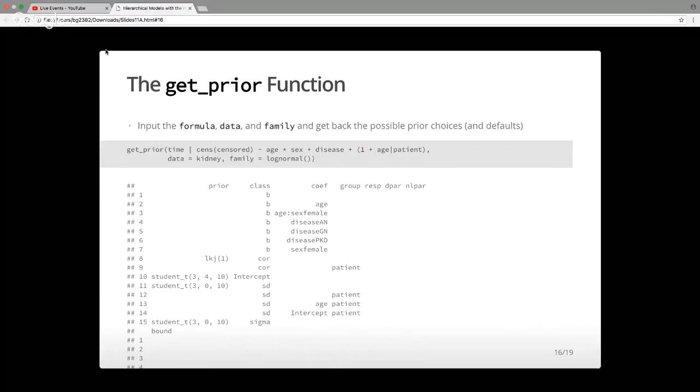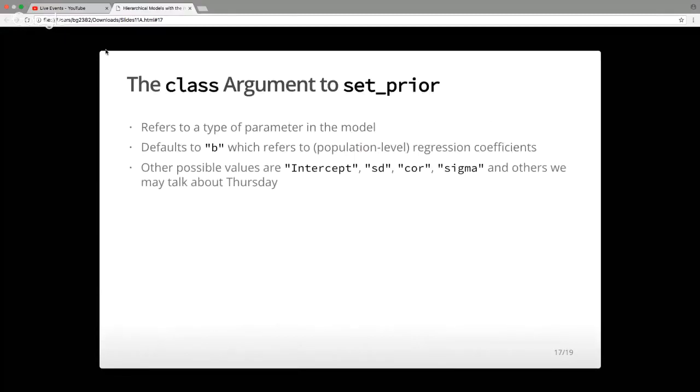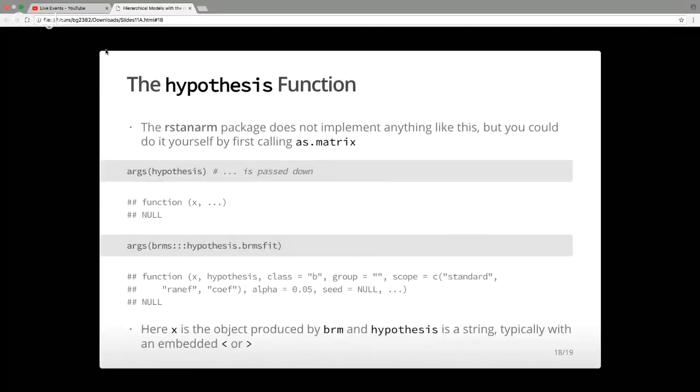So a lot of the default priors on standard deviations and stuff like that tend to be half t distributions with a small degree of freedom so that their tails are pretty heavy. Anyway, you can read about what the default priors are and change them using get_prior and set_prior.